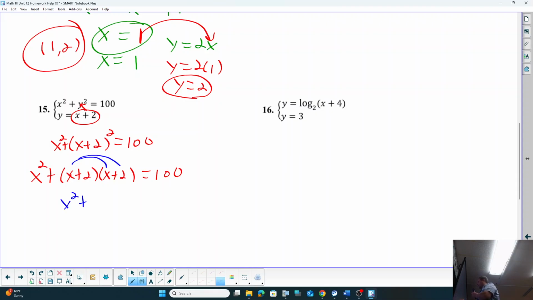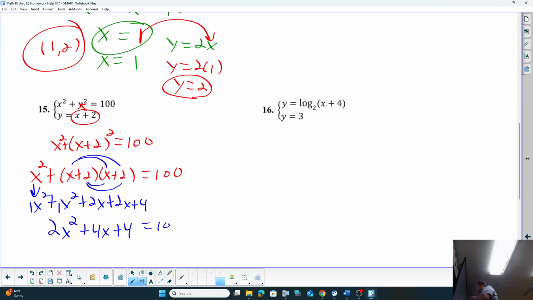So we get x squared plus 2x plus another 2x plus 4. And then don't forget your original x squared, bring that down. So that's 1x squared and 1x squared is 2x squared, 2x and 2x is 4x, plus 4 equals 100.